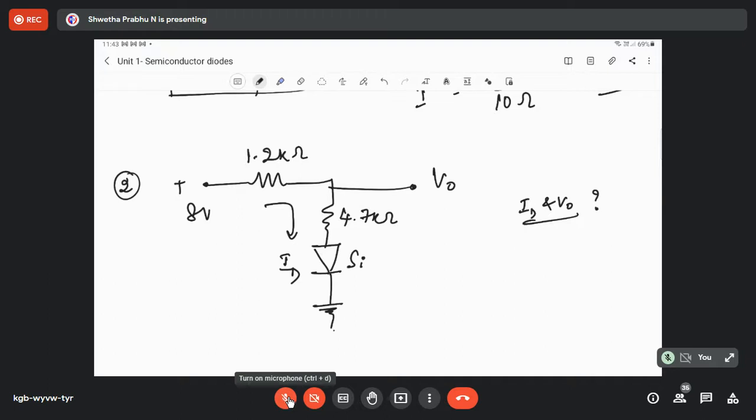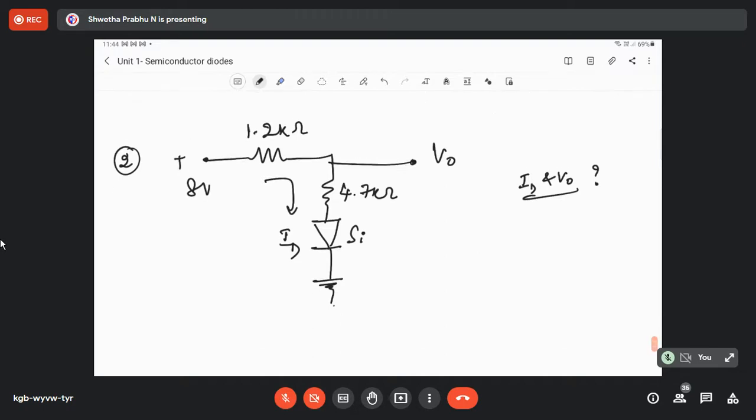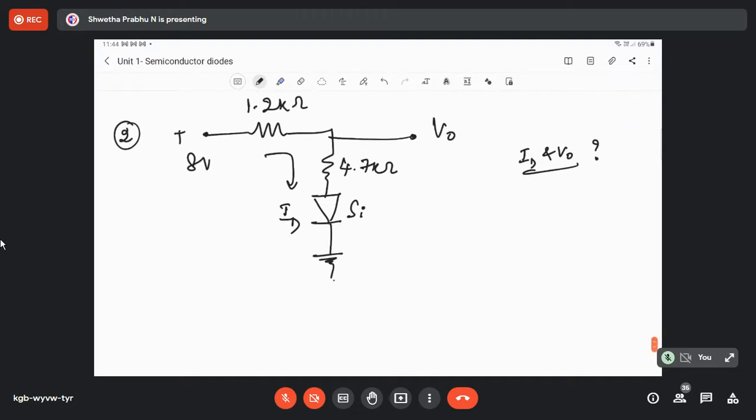Now you have to apply KVL. Can you apply KVL? So how are you going to apply KVL?